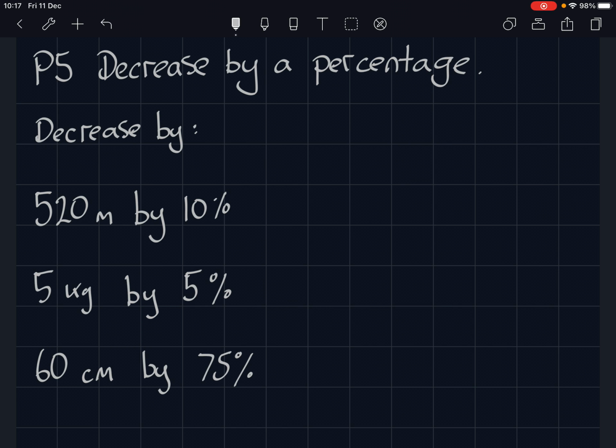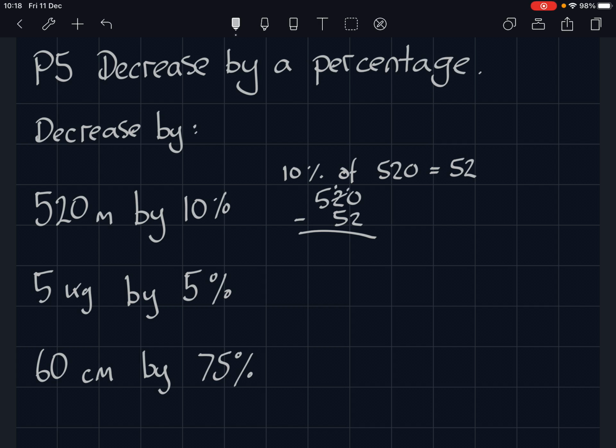So let's have a look at 520 meters decreases by 10%. One strategy is to find 10% of 520, and we did this in the last video. We divided the number by 10 and that came to 52 meters. It says decrease, so that means take the original amount and then subtract the 10%.